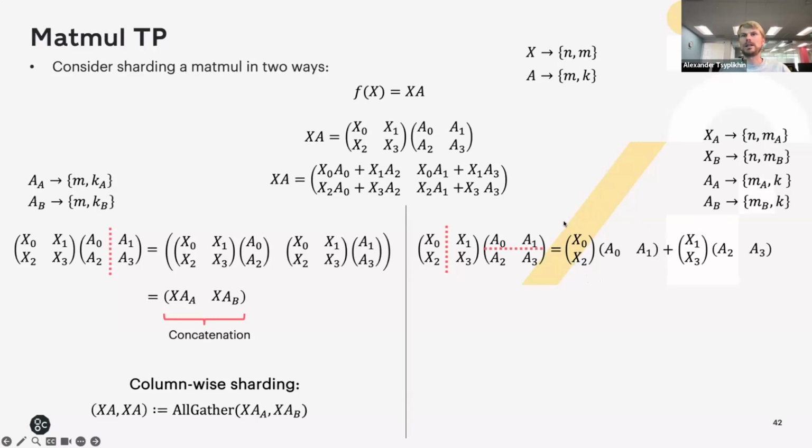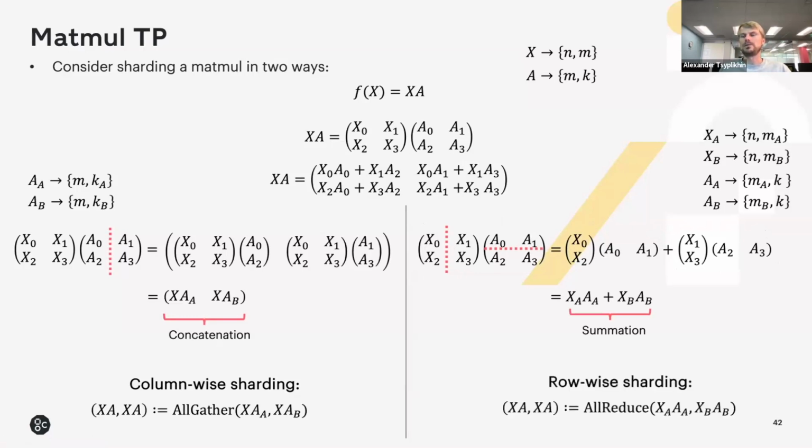So if the left side of X is put on device 0, and the top part of the matrix A is put on device 0, then this component will be produced on device 0, and vice versa. The second component will be produced on the other device, device number 1. So we need to sum up these partials to produce the final output, and this will be an all-reduce operation, reduce sum in this case.